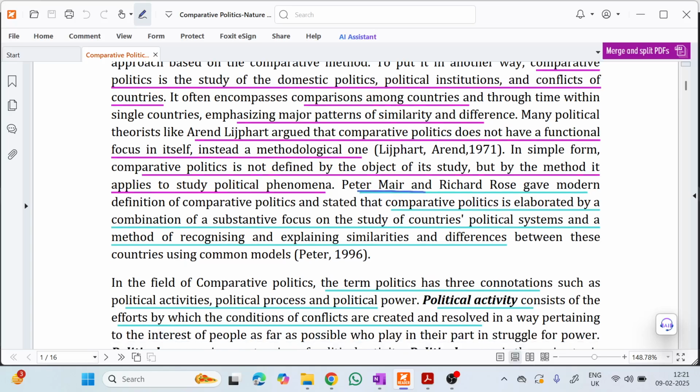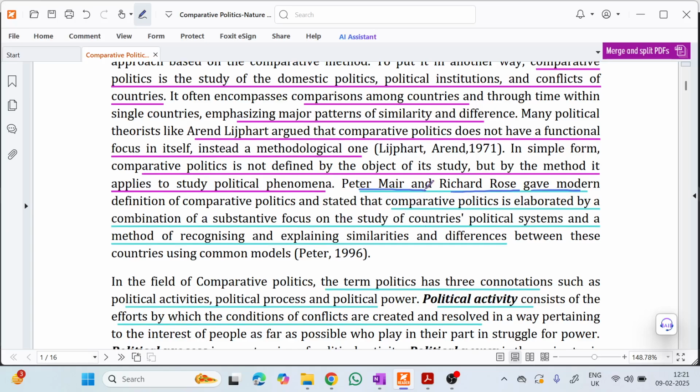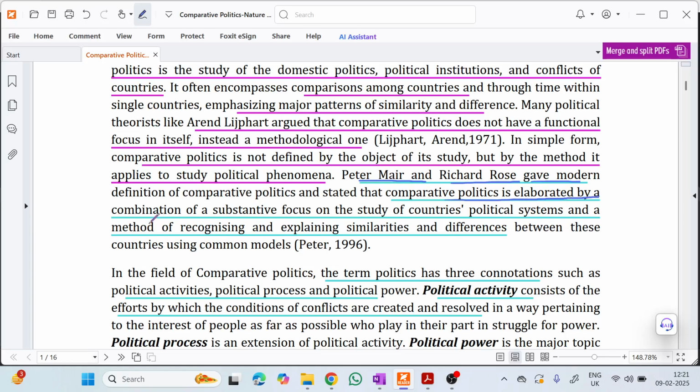Then Peter Mair and Richard Rose gave a modern definition of comparative politics and stated that comparative politics is elaborated by a combination of substantive focus on the study of countries' political systems and a method of recognizing and explaining similarities and differences between these countries using common models.